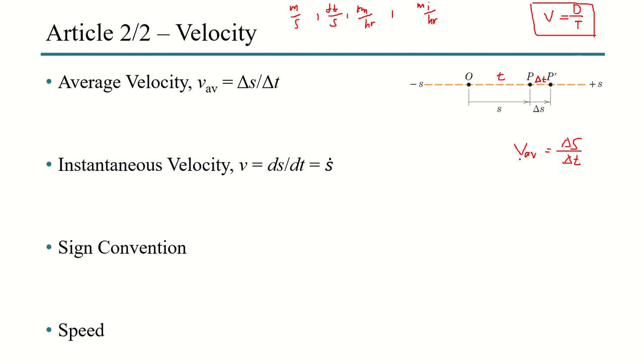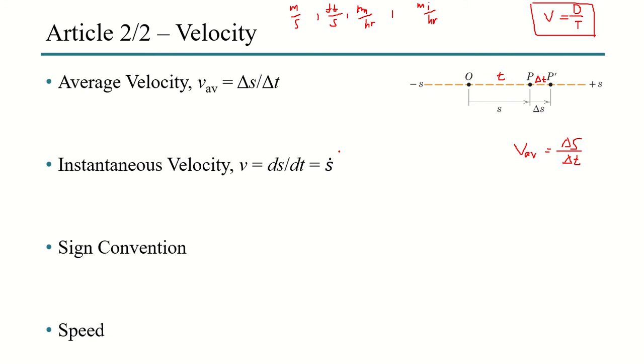Then we also have what we call instantaneous velocity, and that is represented by the symbol V, which is equal to ds over dt, or we have this S dot. It means that we are differentiating the position with respect to time once.